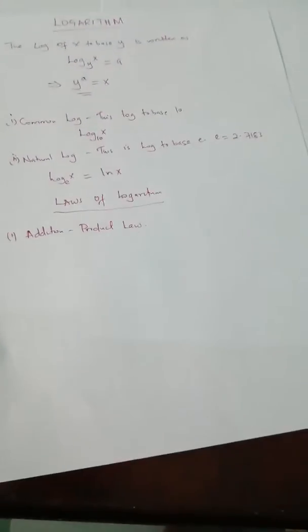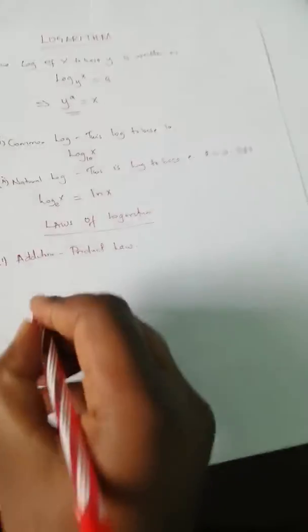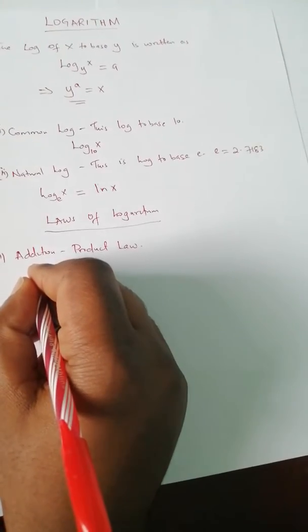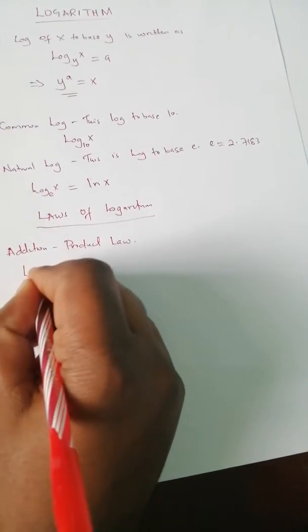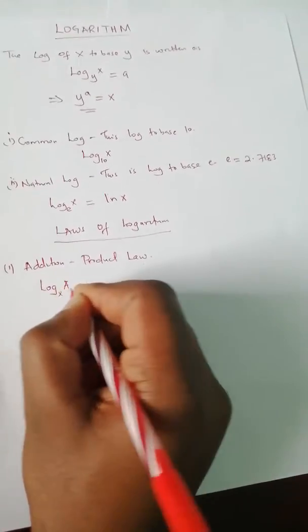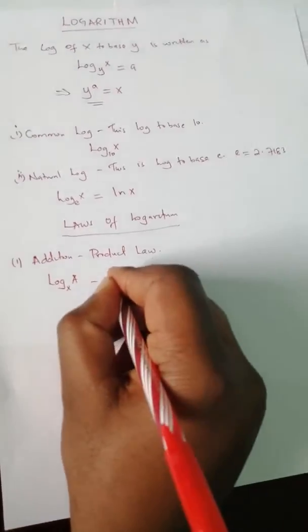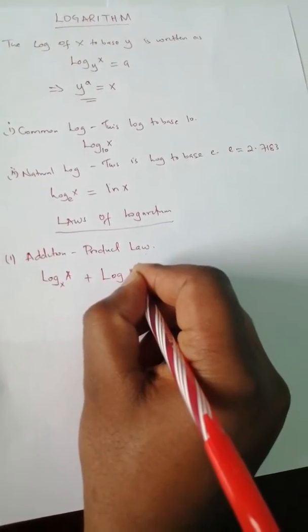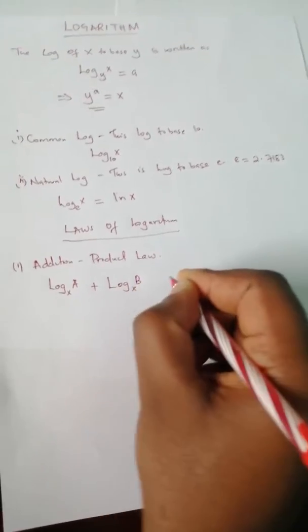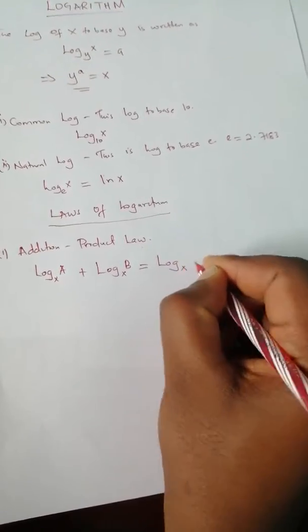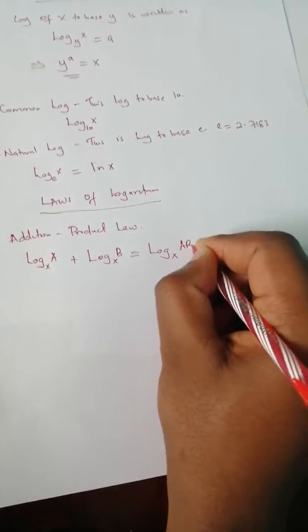What does it state? That rule states that given log a to base x plus log b to base x, this is the same as log to base x of ab.